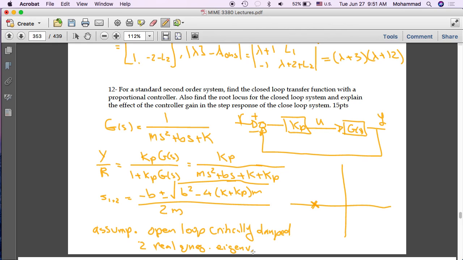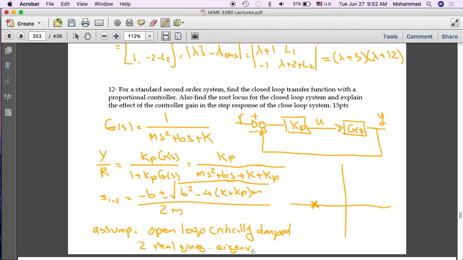Where? You have the expression right here. Would b change at all as you change Kp? By the way, b is the value of the real part. Under the square root is 0, so what you have is minus b over 2m.